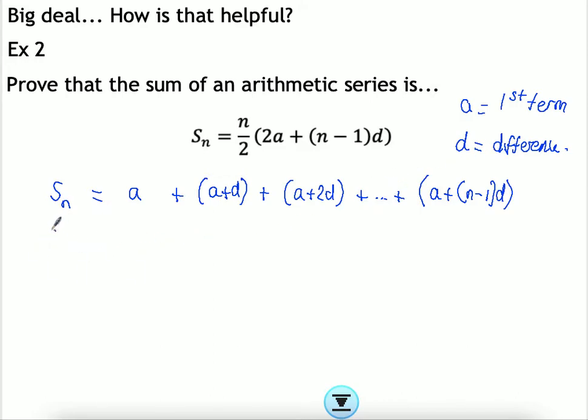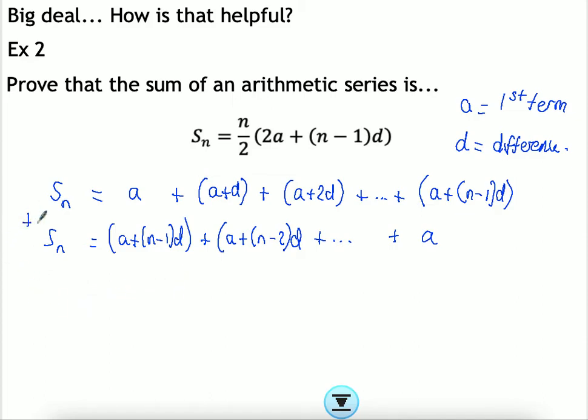We're going to do exactly the same as we did before: we're going to reverse it. Don't worry, the only time you'd ever have to actually do this approach is if you were asked to prove the sum of an arithmetic sequence. This is just showing you why it works. So that's going to be a plus n subtract 2 d, and the last term is a.